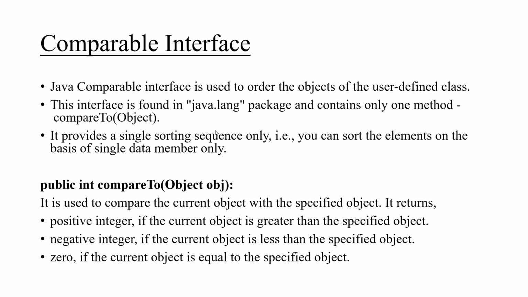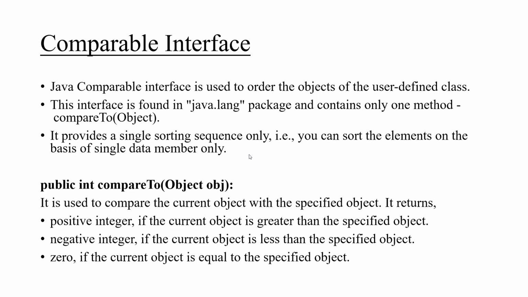If we implement this interface in any of our user defined classes, then we need to override the compareTo method, because if we implement any interface in our class, then we need to override the methods of that interface.